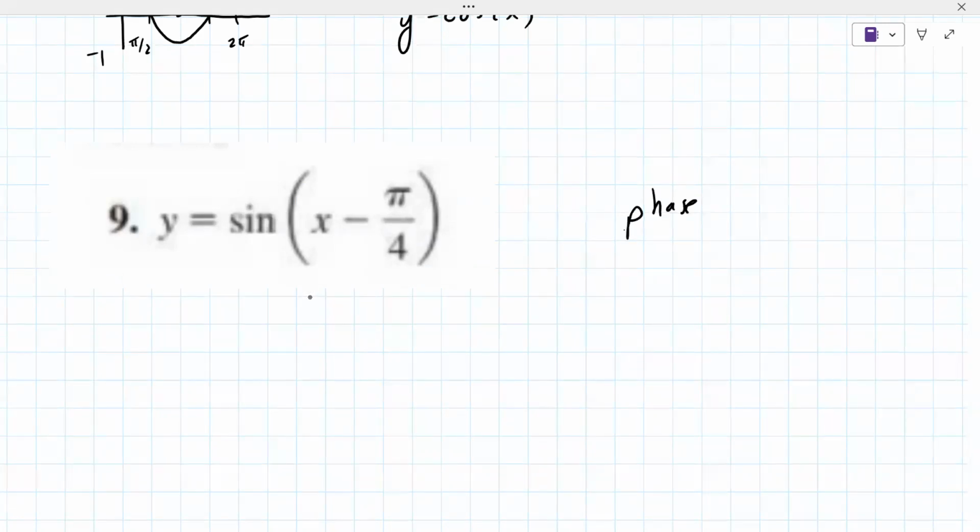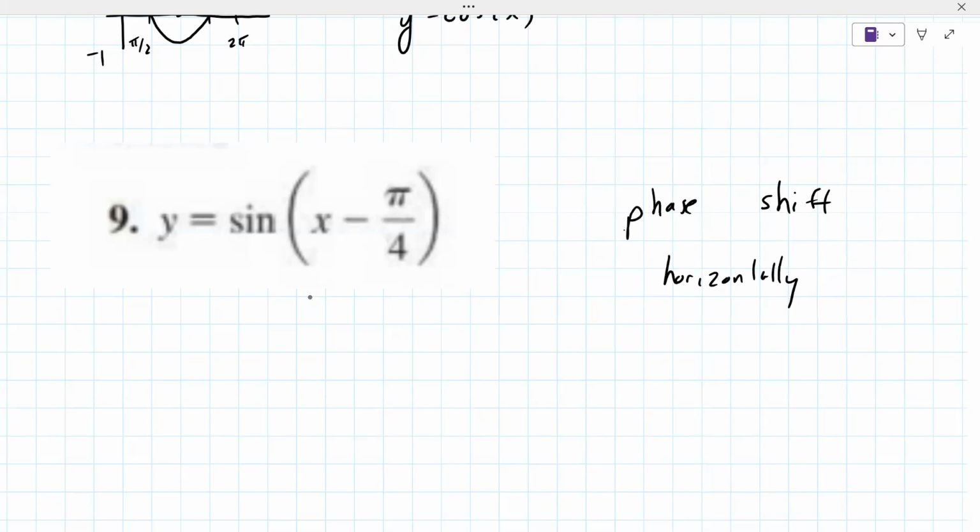Do you know what I mean by that? What is the phase shift, if you know? I know what a shift is, but I don't know what a phase shift is. So phase shift means horizontally. Okay.